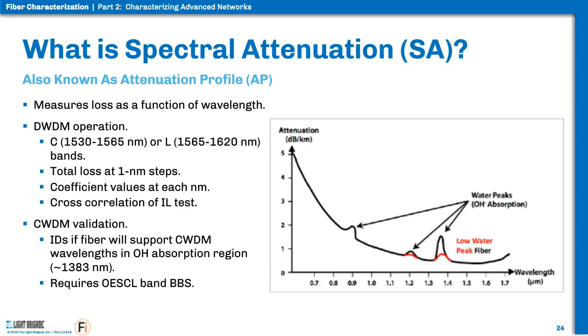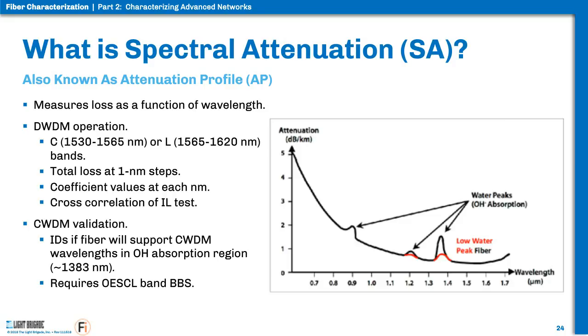Therefore you can now transmit CWDM over wavelengths that you couldn't before, because the loss was too high in those areas. CWDM is now possible over a very wide range of wavelengths.